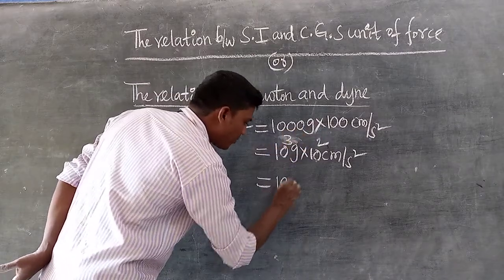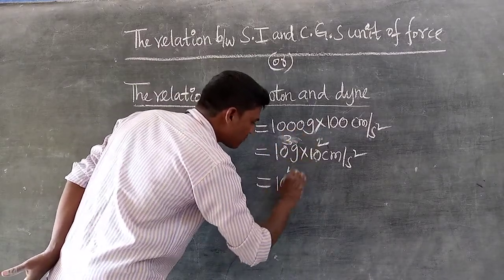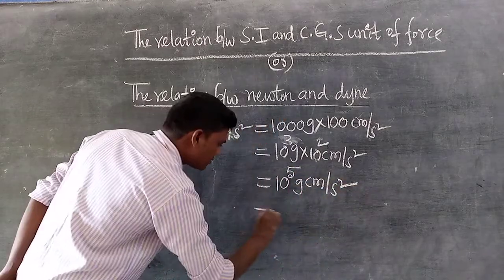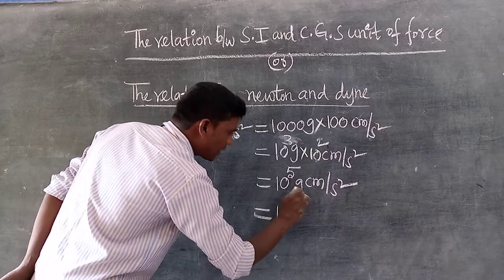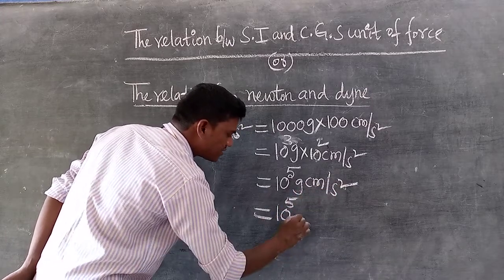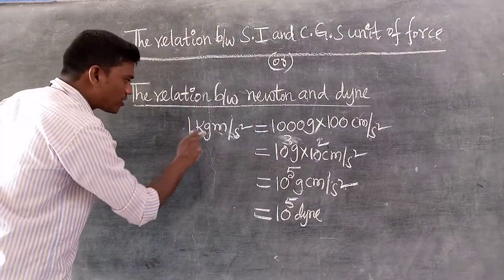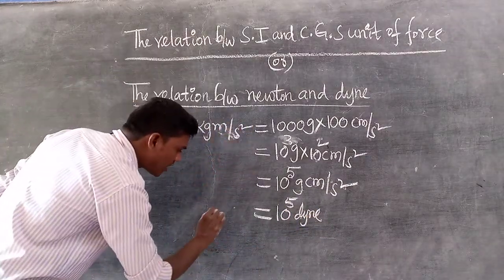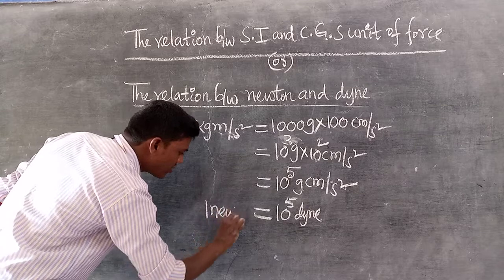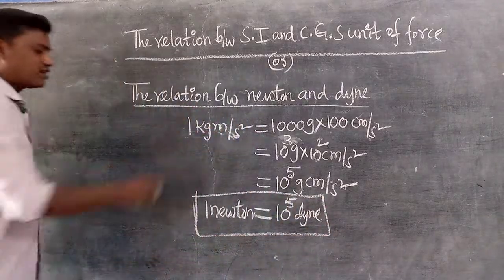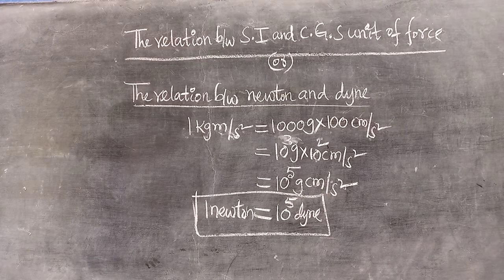That's why 10 power 3 plus 2 is nothing but 10 power 5 gram centimeter per second square. So 10 power 5 gram centimeter per second square, what is this value? Dyne. So 1 kilogram meter per second square we also call, what is that? 1 Newton. That's why 1 Newton is equal to 10 power 5 dyne.